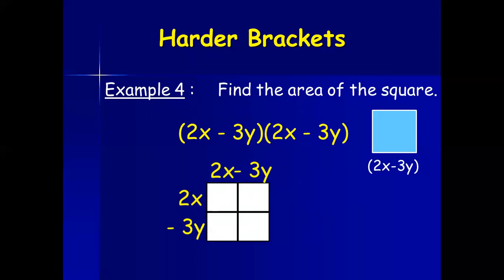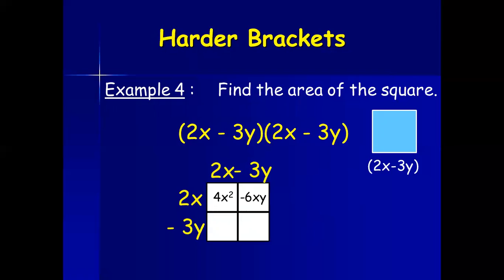Okay, let's find the area of each part, each square. 2x multiply 2x will be 4x power 2. Then 2x multiply -3y, and we have to be careful with the negative, so it will be -6xy.